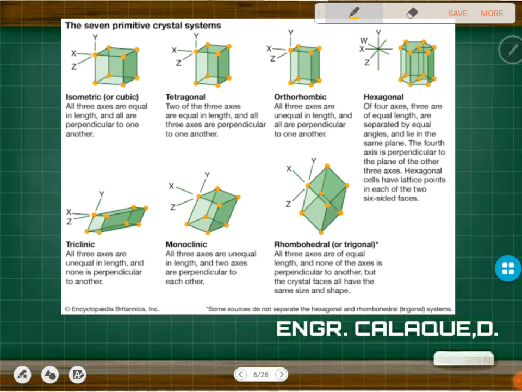In the monoclinic, all 3 axes are unequal in length and 2 axes are perpendicular to each other. Some sources do not separate the hexagonal and the rhombohedral or trigonal system. In the trigonal system, all 3 axes are of equal length and none of the axes is perpendicular to one another, but the crystal faces all have the same size and shape.